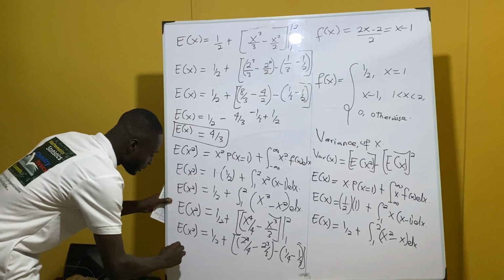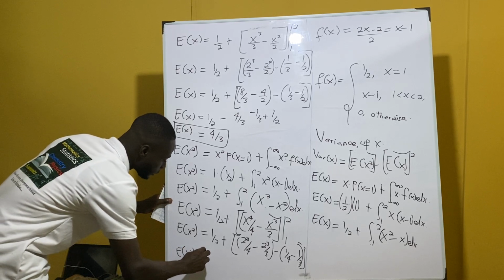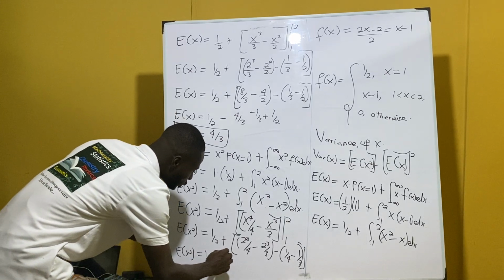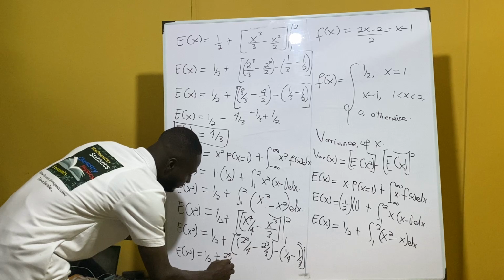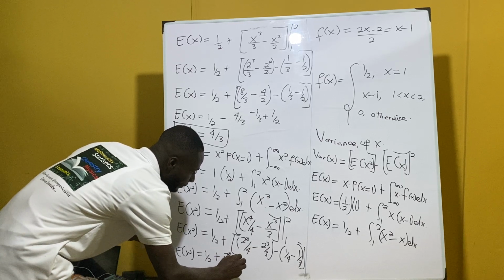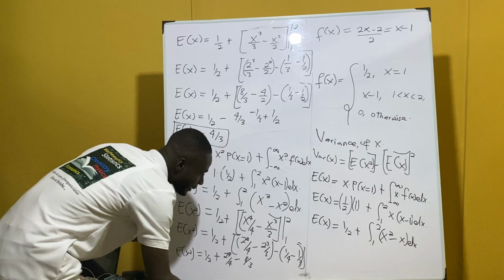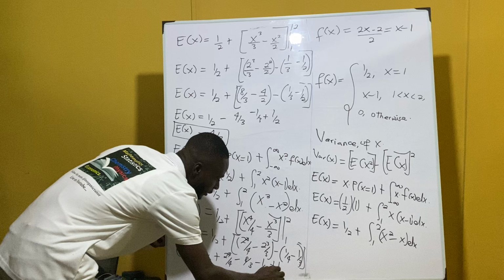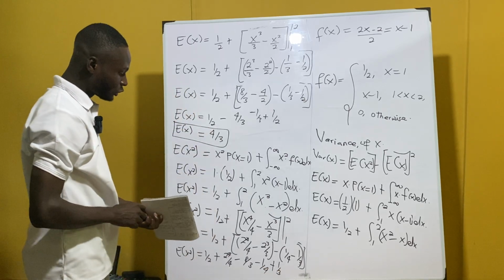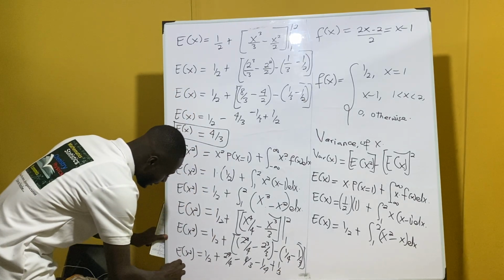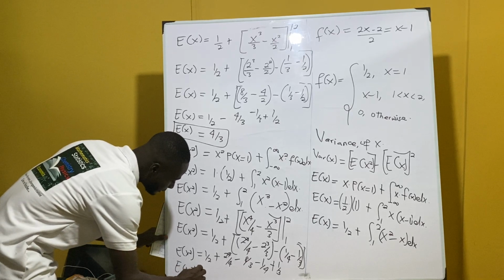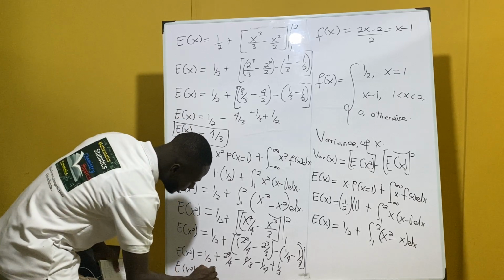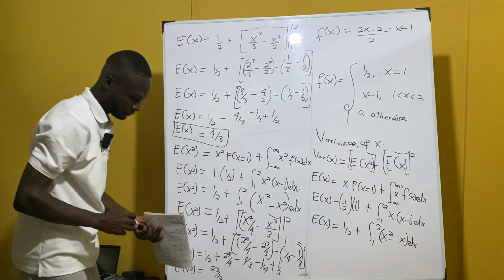So we have half plus 2 to the power 4 over 4, minus 8 over 3, minus 1 over 4 plus 1 over 3, right? When you simplify this, you add up all these digits, then you are going to have the expectation of x squared as 23 over 12, right?